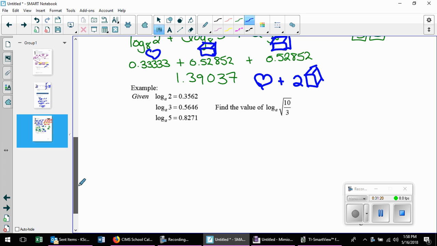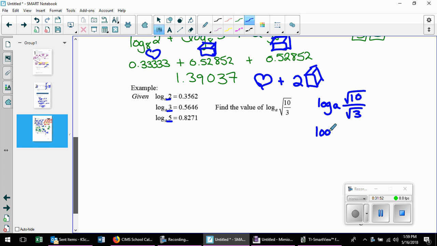So what do we have? 2s, 3s, and 5s. So that root sign is over both of them, right? So this would be like saying log base A of root 10 over root 3.